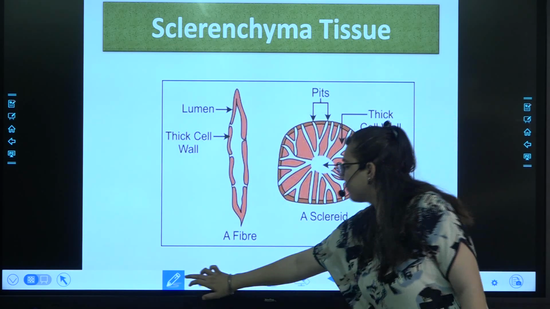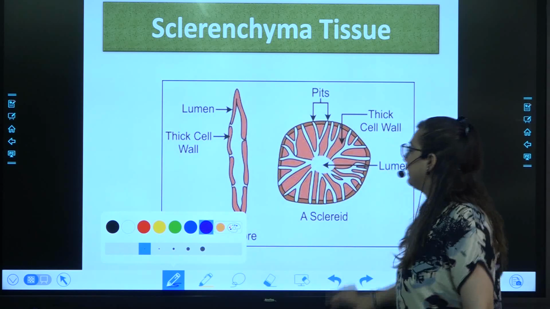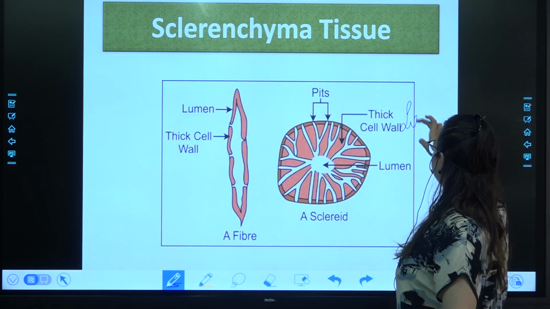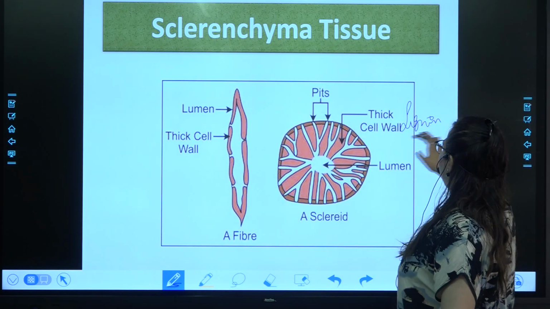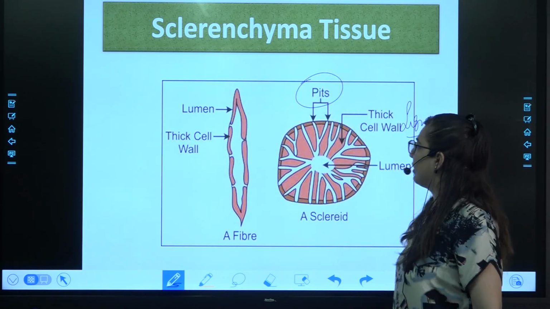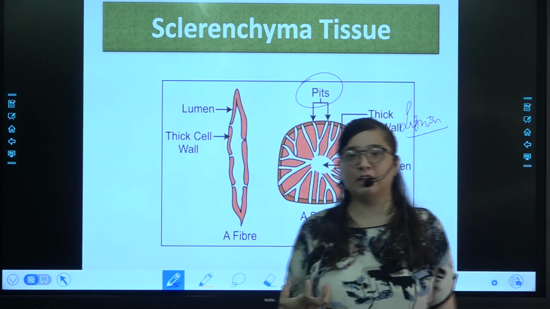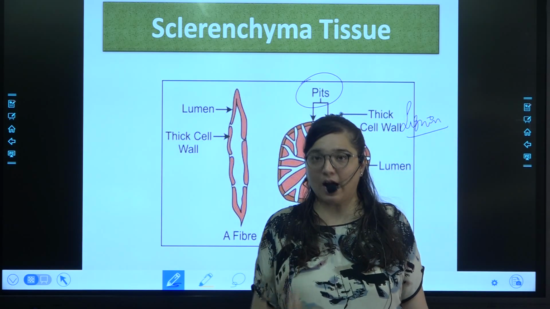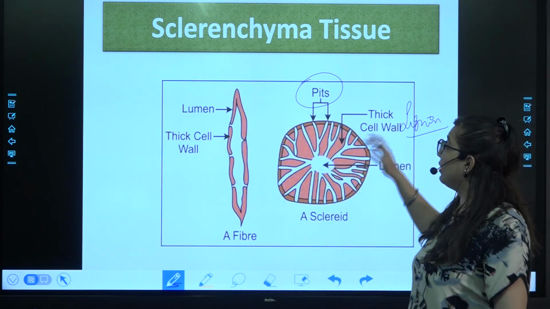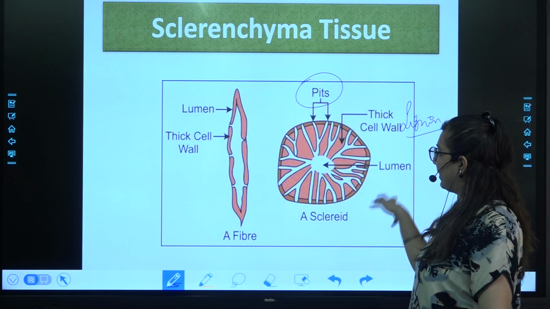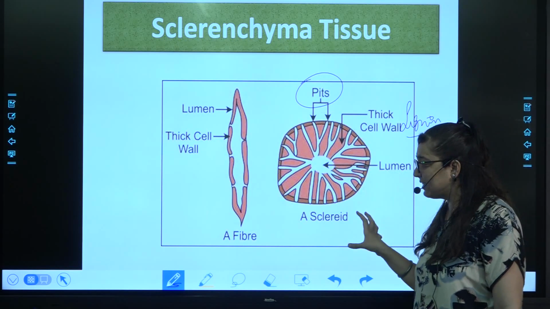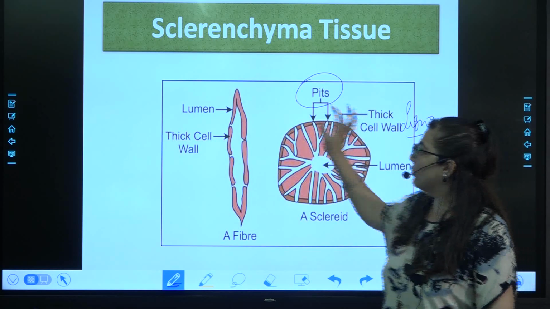It is made up of lignin. You can see pits over here. What is the meaning of pit in Gujarati? In Gujarati, pit means khado. So there are some kinds of pits that are observed in the sclerites, and this is how the lumen looks.